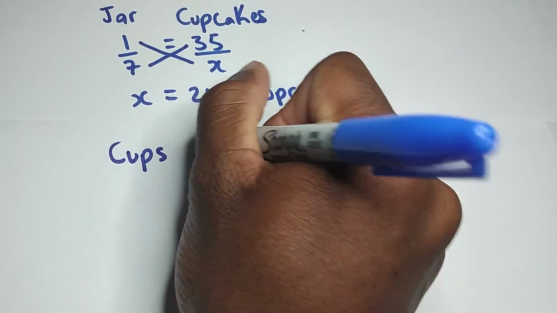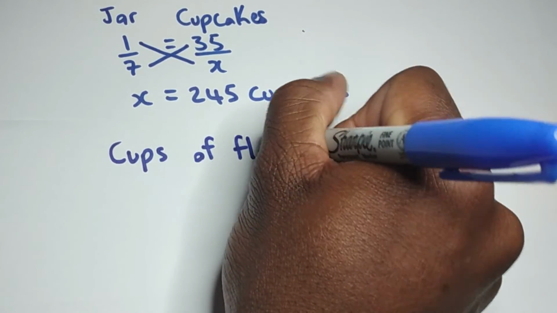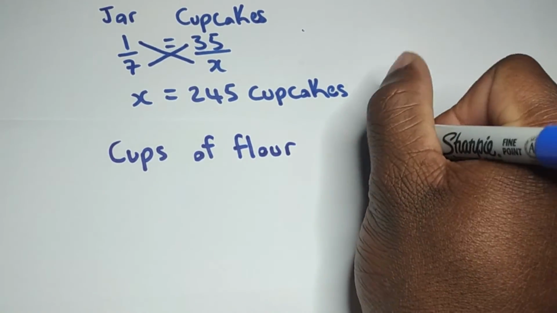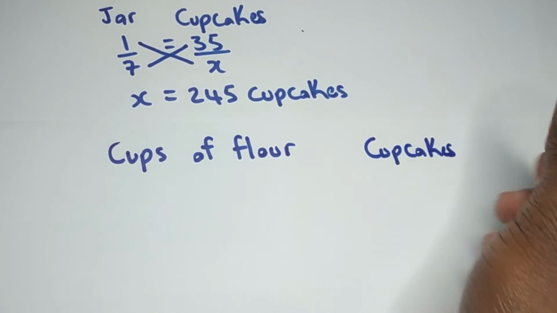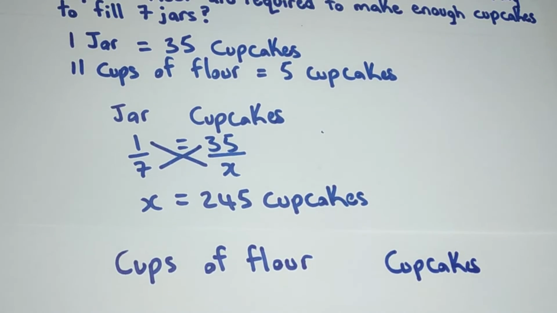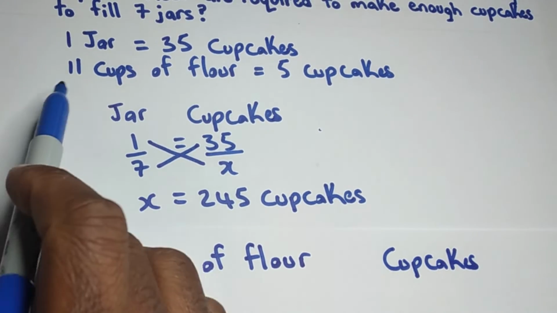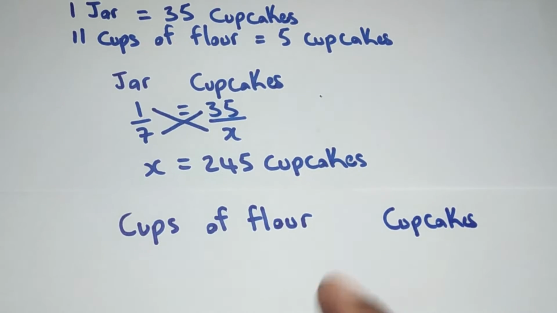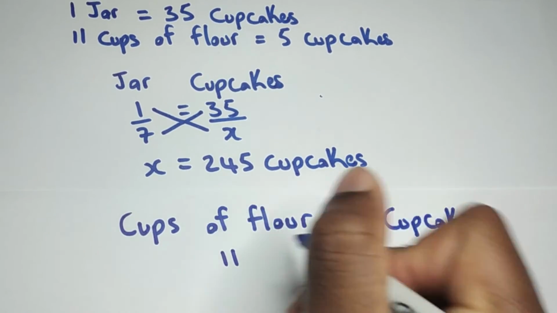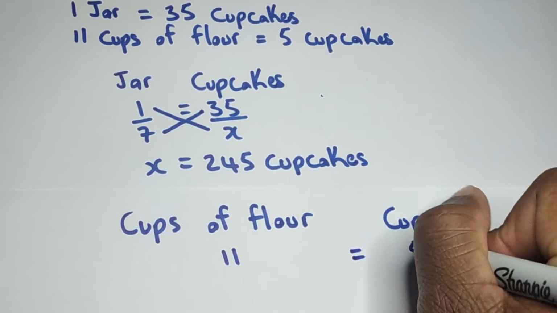So remember, based on the information that we recorded, it takes 11 cups of flour to make 5 cupcakes. So 11 cups of flour is equal to 5 cupcakes.